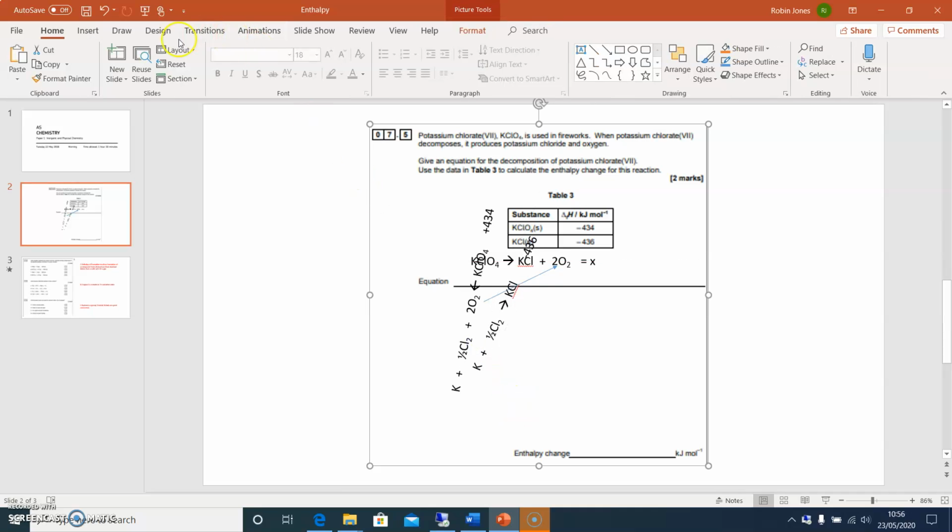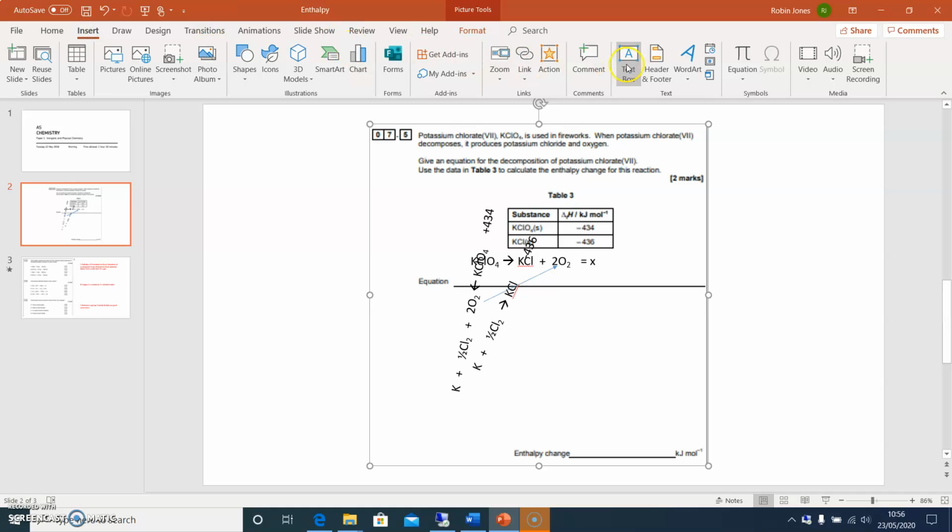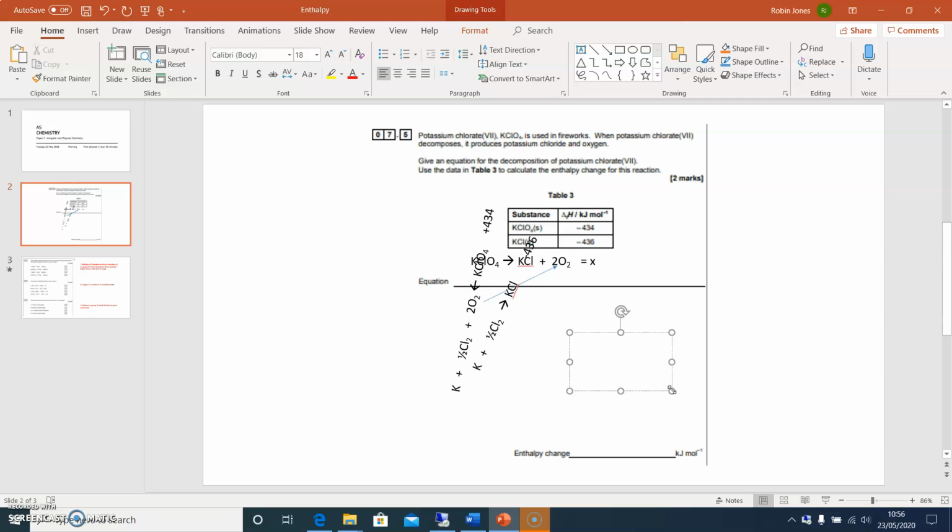Okay, so let's just do a little bit of adding up now to finish off. Make a text box. So this one coming down here is plus 434, going in the right direction. This one's coming in the right direction, minus 436, sorry.